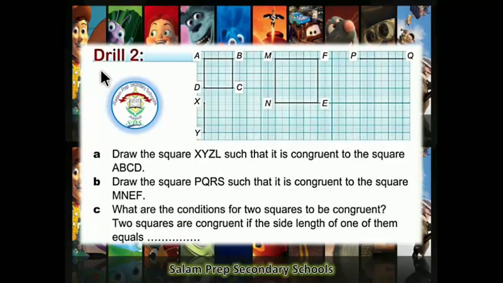Let's begin together, drill 2. We have two squares in different size.